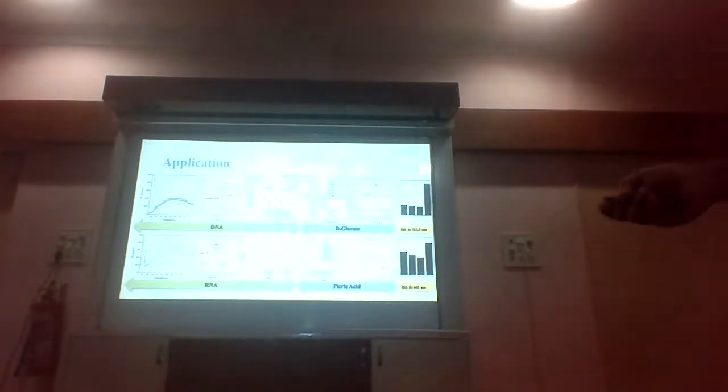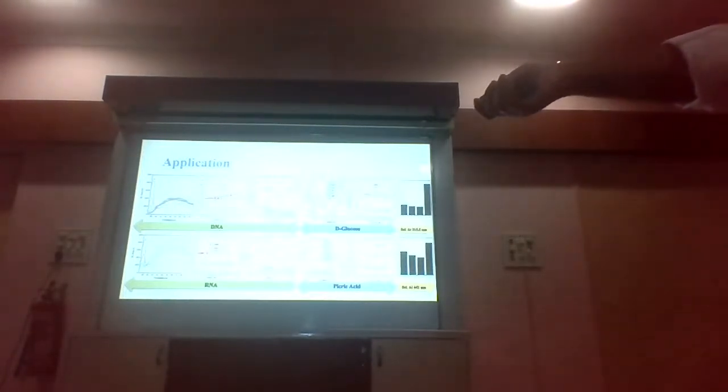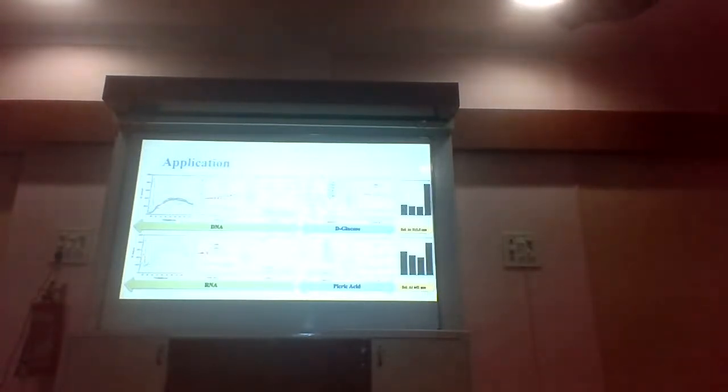Application. As I told, I use it as a biosensor for carbohydrates and picric acid. I also show the binding properties of my quantum dots with DNA and RNA. These are the characterization of applications of the quantum dots, changing the DNA concentration from 0 to 47.14 micromolar with lanthanum quantum dot.